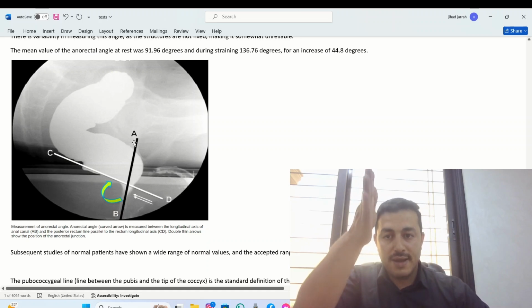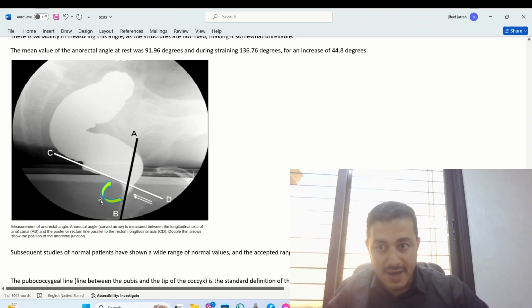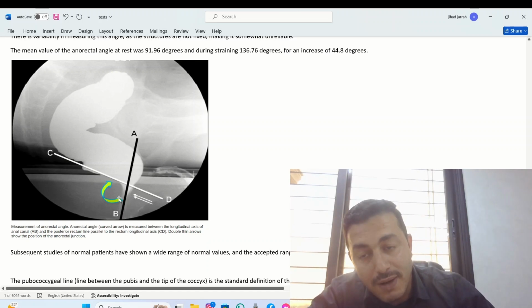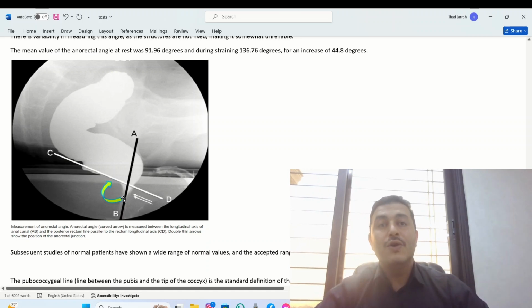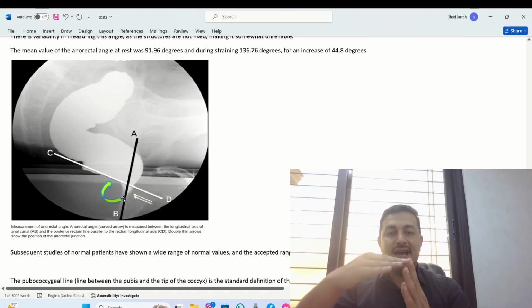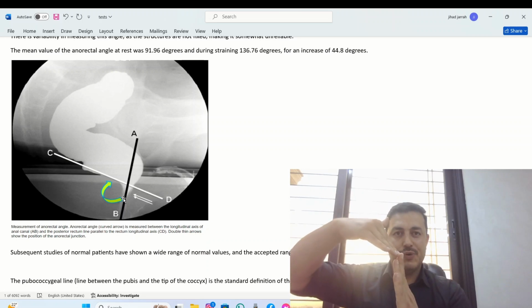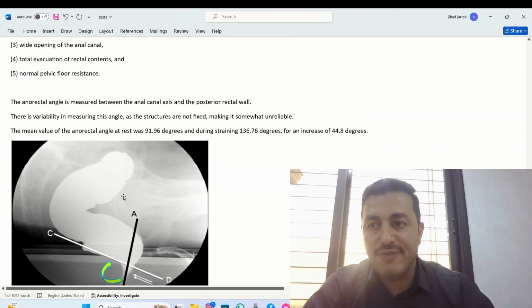So one is the long axis of the anal canal, the second is the posterior wall of the rectum; this will be the anorectal angle. When we defecate, the puborectalis will relax and the angle will be wider. It will increase. This is first.